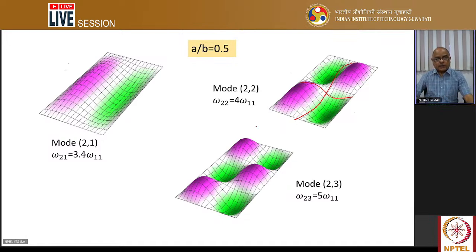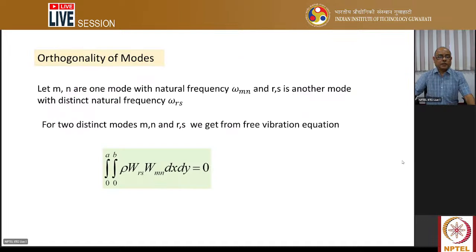So as the number increases, the first subscript represents the half waves that are formed in the x direction, and the second subscript indicates the half waves that are formed in the y direction. So as the subscript number, that is the digit, increases, you will get an increase of half waves. Then similar to the beam, the orthogonality relationship is also valid.